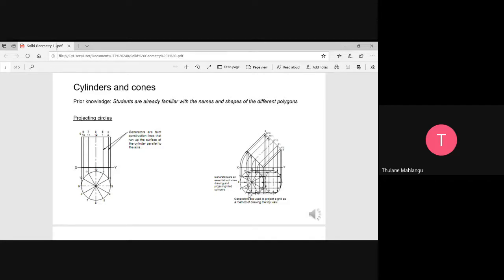But you need to take this into account. If they set a tilted cylinder, it means the circle that you are drawing there is not the actual top view. It's called a help view. So it's not the actual top view. It's just going to assist or guide you in scribing or projecting the front view.